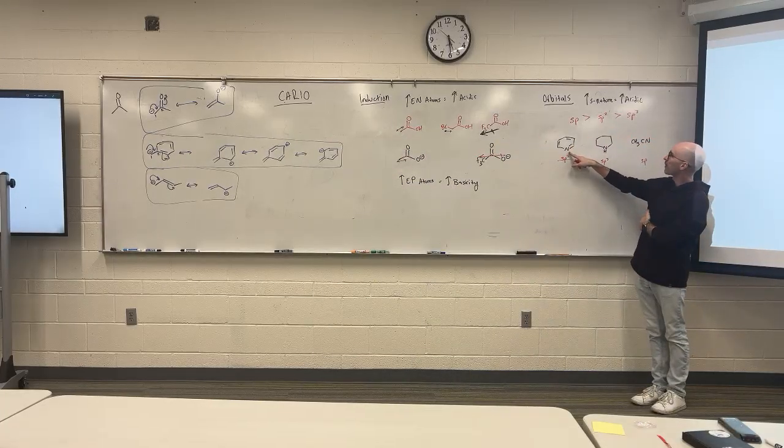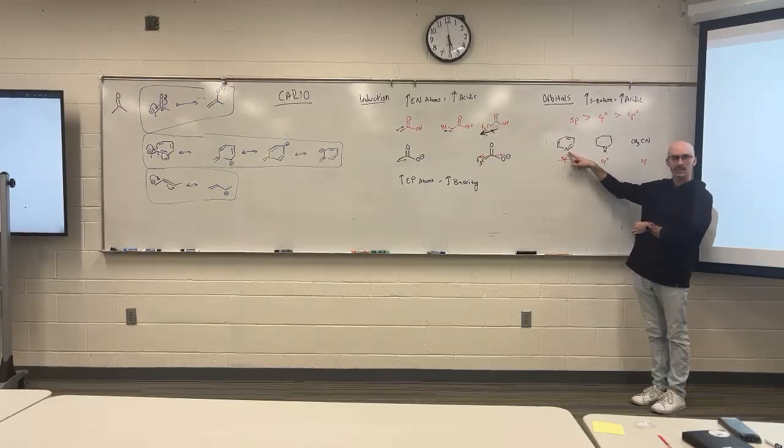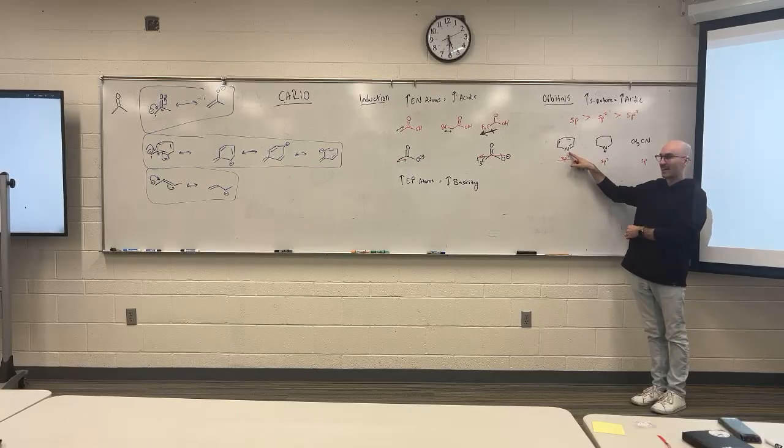But where will the hydrogen come from? Can this nitrogen be an acid? What's our definition for acid? Hydrogen ion donor. And this nitrogen has no hydrogen connected to it, so it can't donate a hydrogen ion.